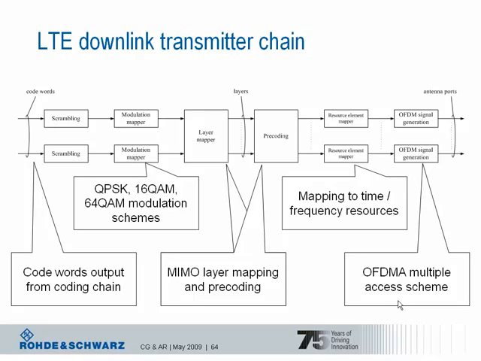After scrambling and modulation of the code words, the MIMO layer mapping and precoding takes place. And that is the stage where it's actually decided whether transmit diversity or spatial multiplexing is applied, which would result then in a different mapping and precoding operation specific to each MIMO mode. And also a wide range of configuration options exists at this stage.